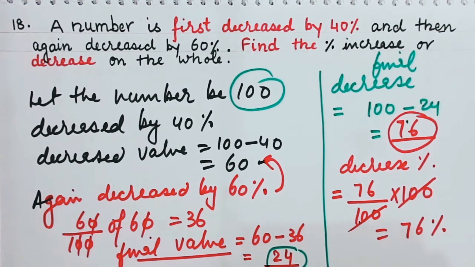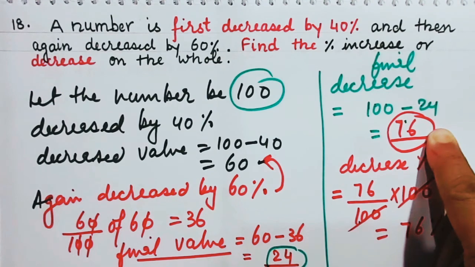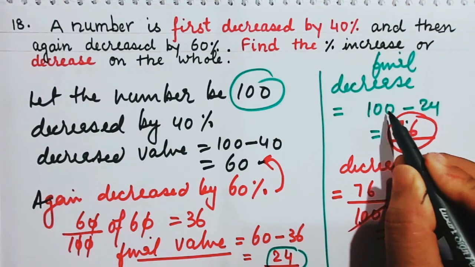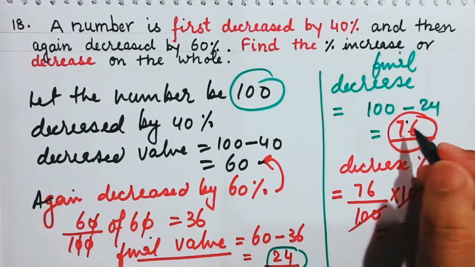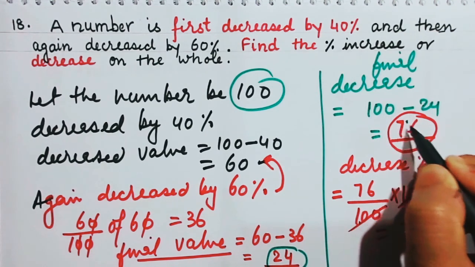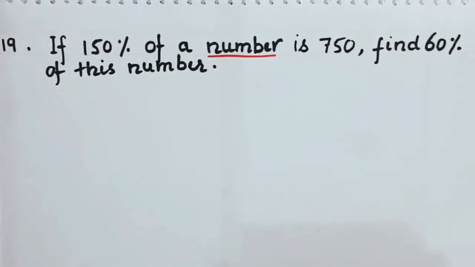So naturally the total decrease from original value is 76. Clear? It is 76%. I was making sure.